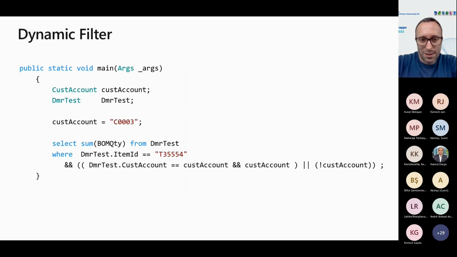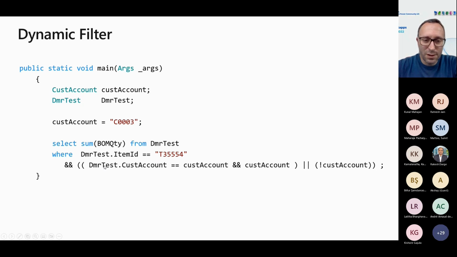Okay, this is also something I like to use. If you have a variable and this variable contains a value, you need to add it to your select statement as a filter. But if this variable doesn't have any value, it's null, you don't want to add it to your query as a filter.